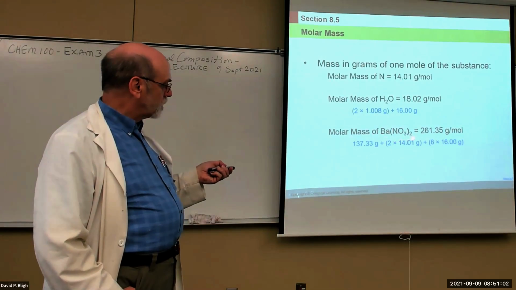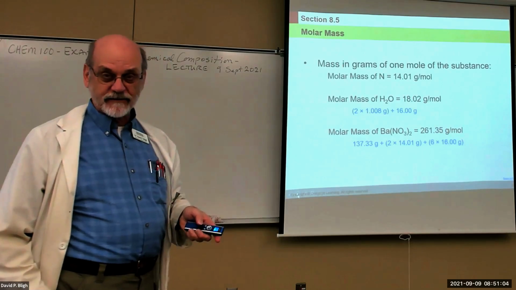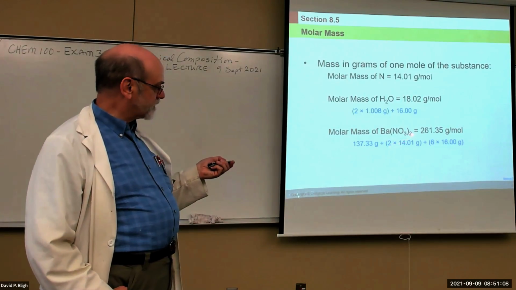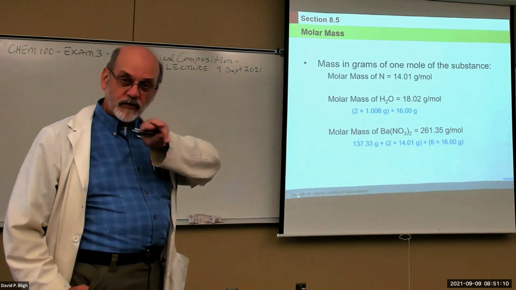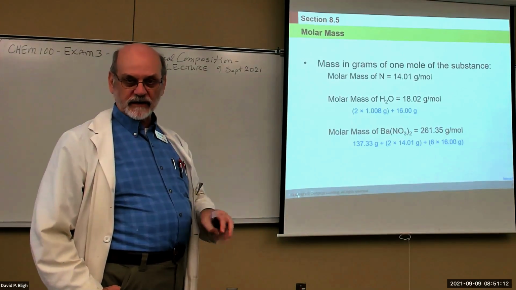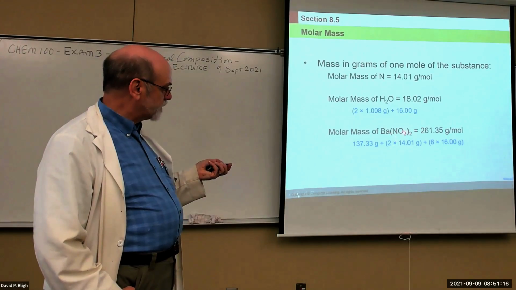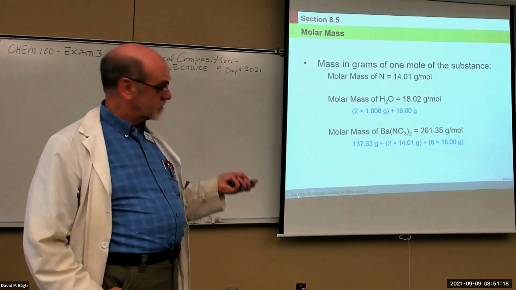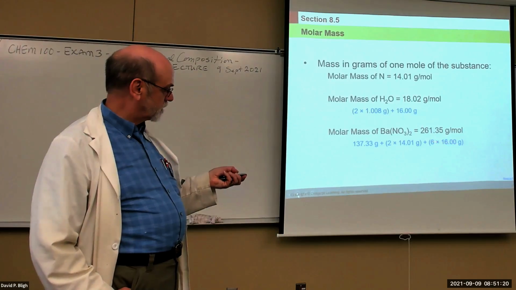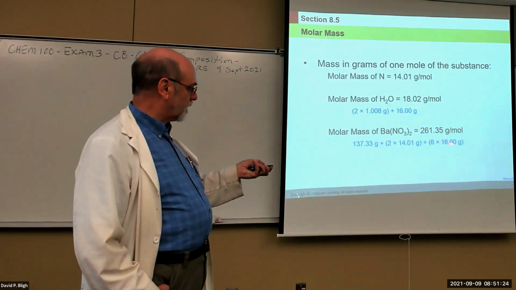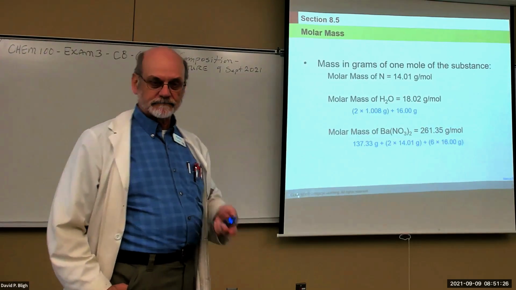In this molecule, how many nitrogens do you have? 2, because that subscript propagates through the nitrate formula. We have 2 nitrogens, and we have 6 oxygens. Okay, so just multiply these out, add them all together.